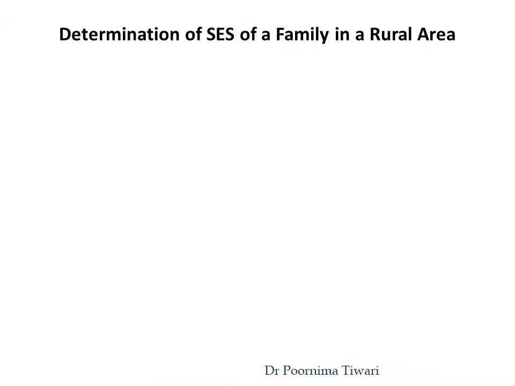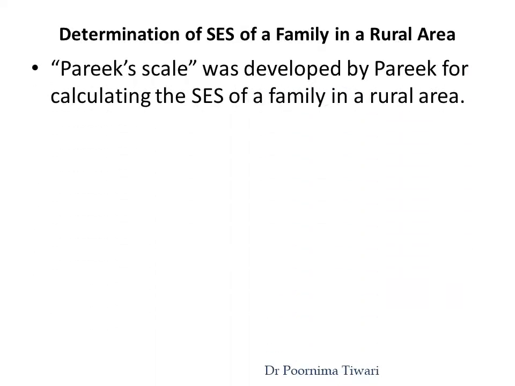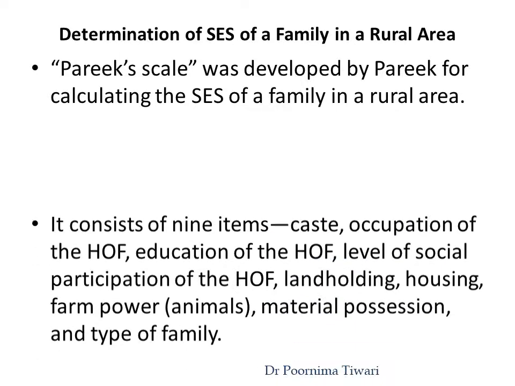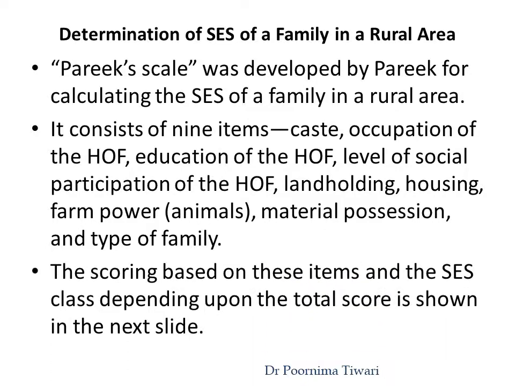If the family that is allotted to you is in a rural area, you need to use the Parikh scale to calculate its socioeconomic status within the Indian context. The Parikh scale consists of 9 items. Each item is given a score according to the table given on the next slide. The total score is added up and the socioeconomic strata or class is decided again according to the table on the next slide.